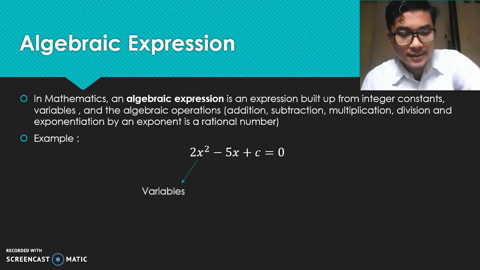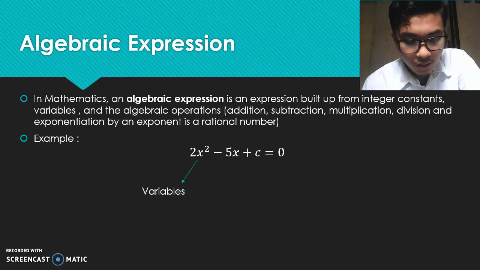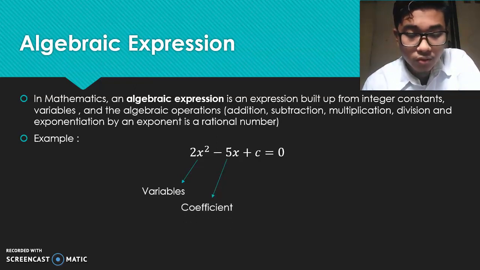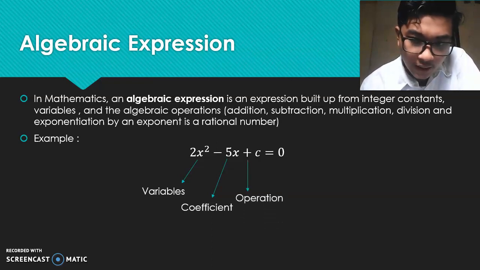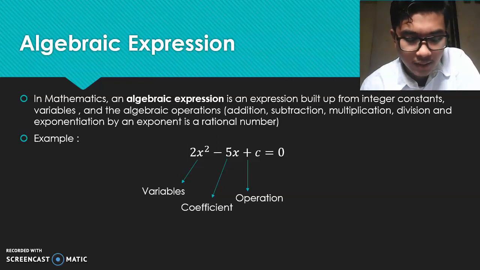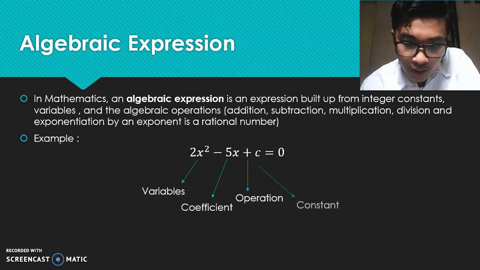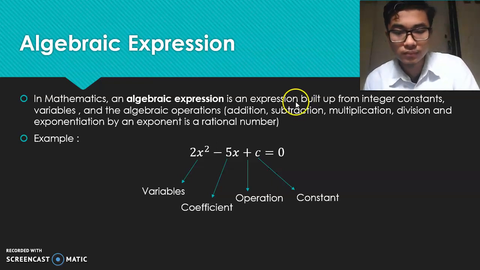Now, x is called a variable, and the 2 or minus 5 in front of the variable is a coefficient. The plus, minus, multiplication, times or division is an operation, and the symbol is an operator.